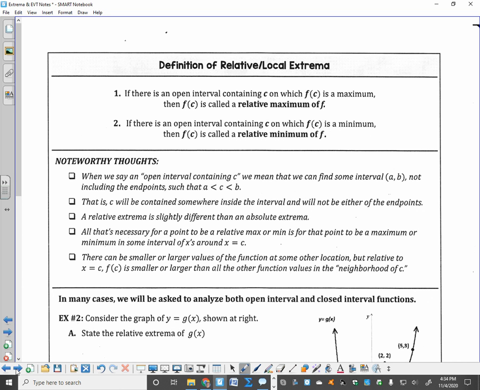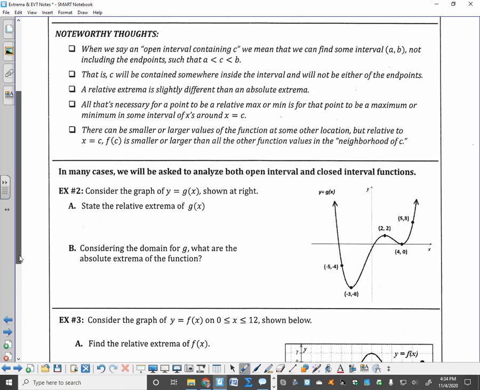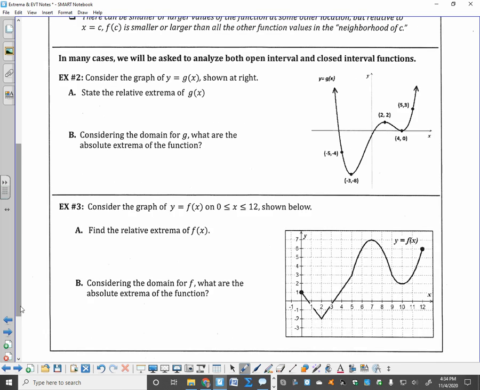In many cases, we will be asked to analyze both open and closed interval functions. So here we go. Consider the graph of y equals g of x shown to the right. I see that it continues to the right and to the left forever. I see that it is a degree 4. It will forever be going up, but it will not forever be going down.